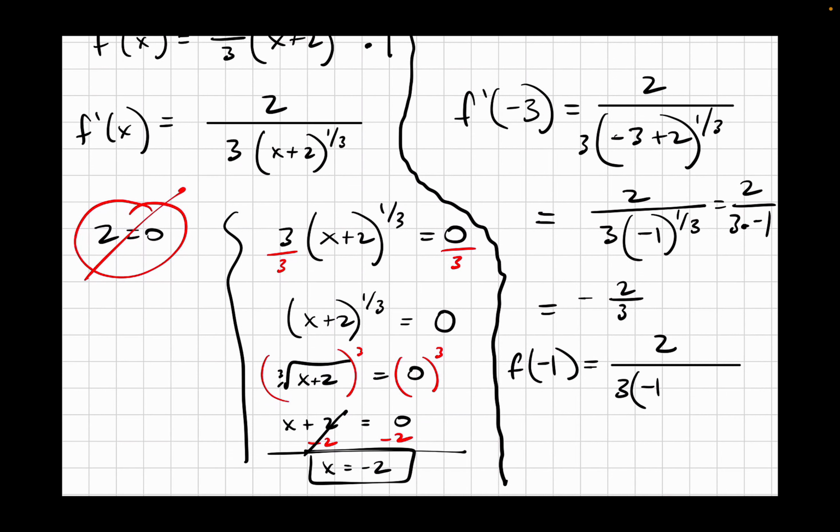We get negative 1 plus 2 to the 1/3. So I get 2 over 3 times positive 1 to the 1/3 power. What is positive 1 to the 1/3 power? Positive 1. Which equals positive 2/3.